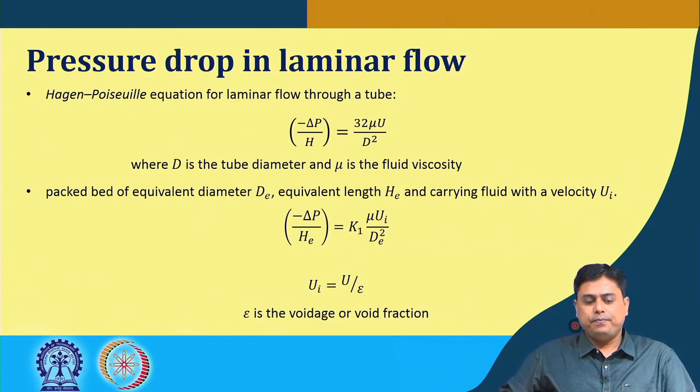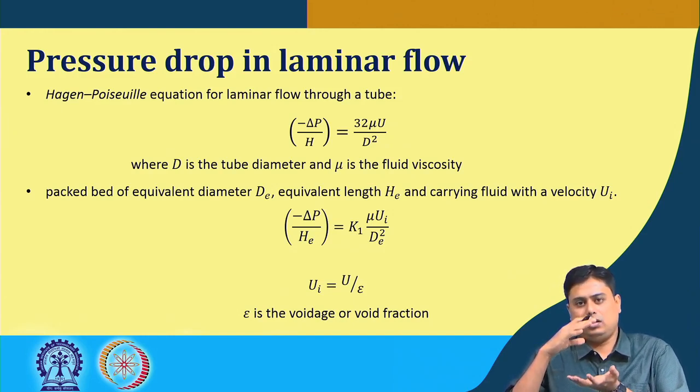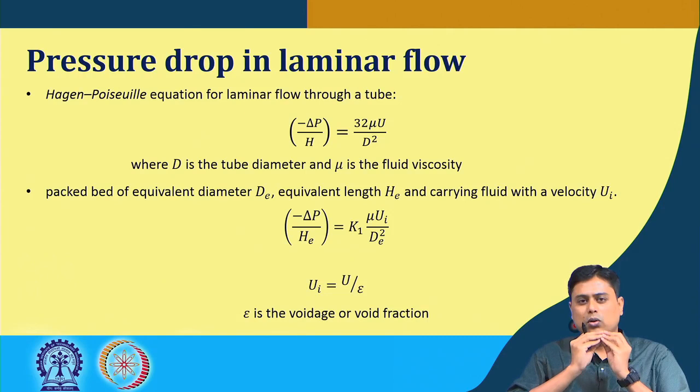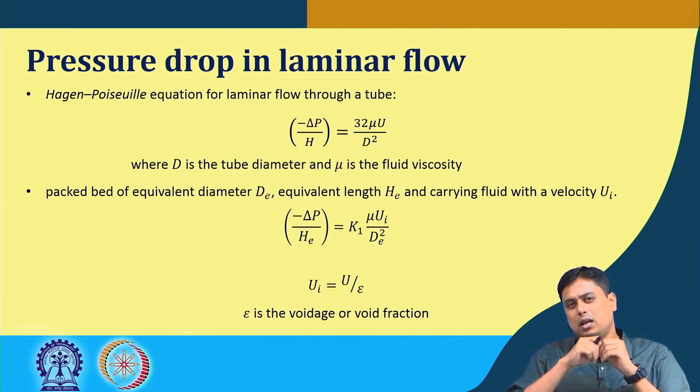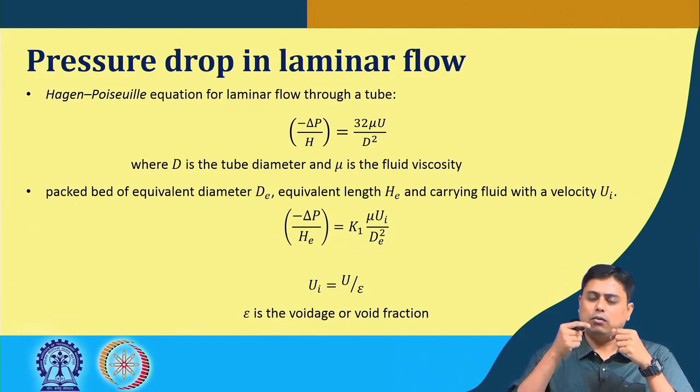The point here is that the packed bed, or a stack of particles of a certain height H, can be thought of like this: if somehow you have managed to fill the beaker with known size spherical particles in a sequential manner, then it is possible to imagine that the void spaces in between the particles are of a tube shape.